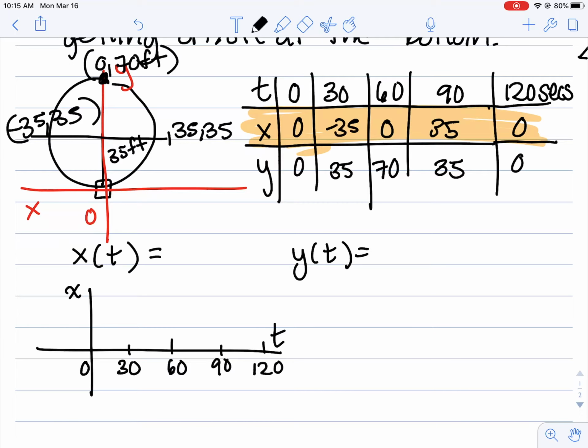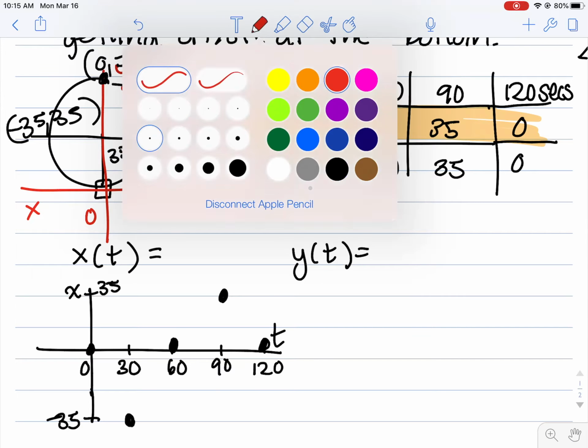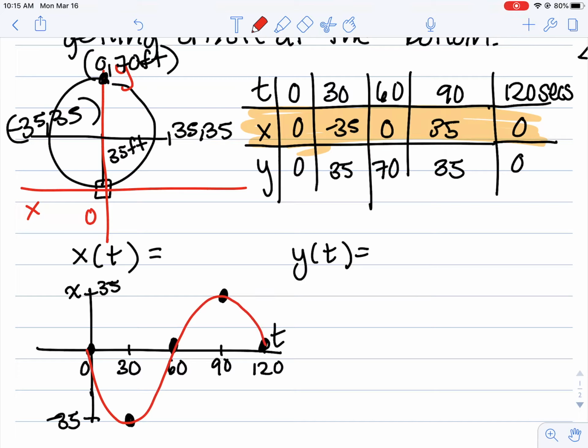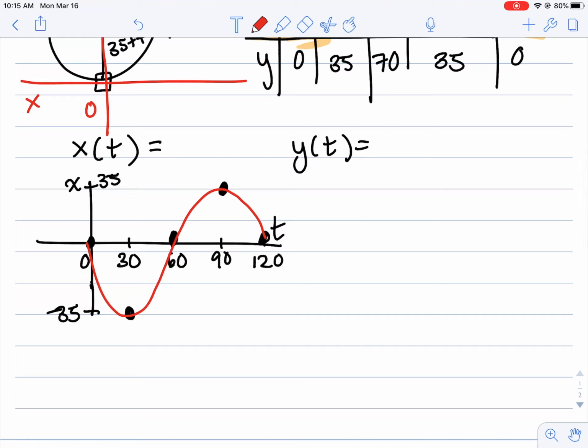At 0, we're at the origin. At 30, we're at negative 35. At 60, we're back at the equilibrium point. Then we're up at 90 to positive 35, back to equilibrium. That looks like a sinusoid. That looks like a negative sine graph. So this is some sort of negative sine function with an input of t.